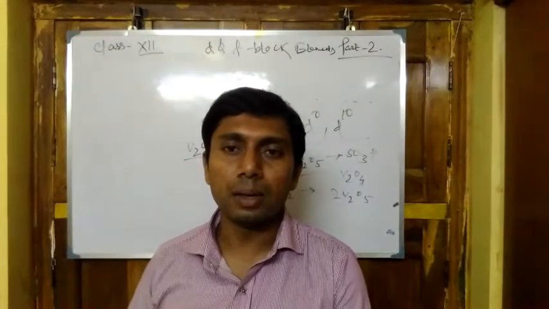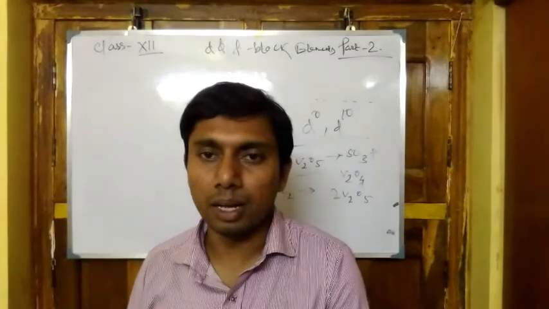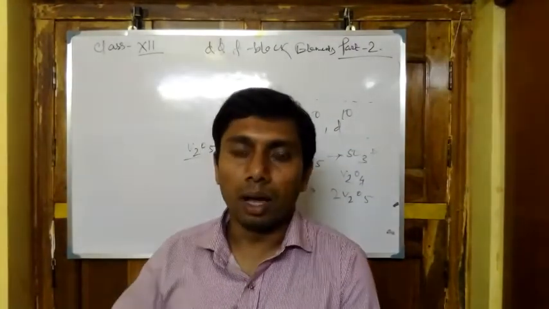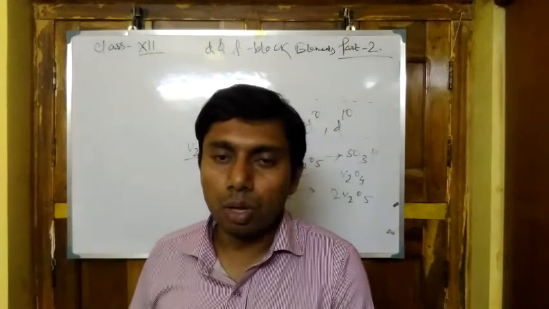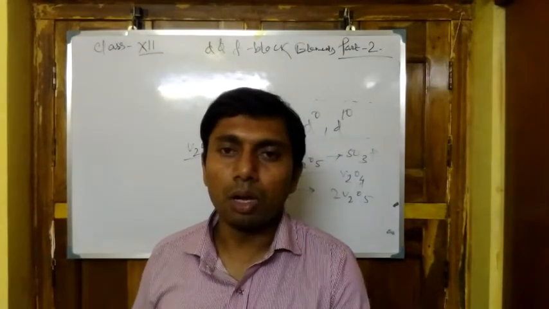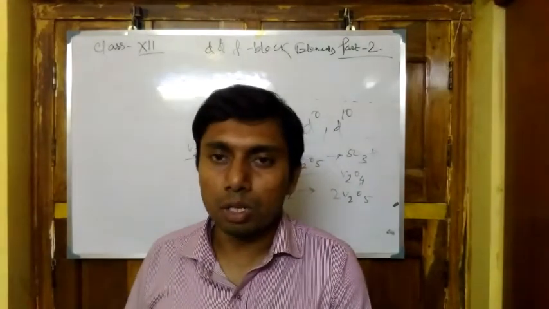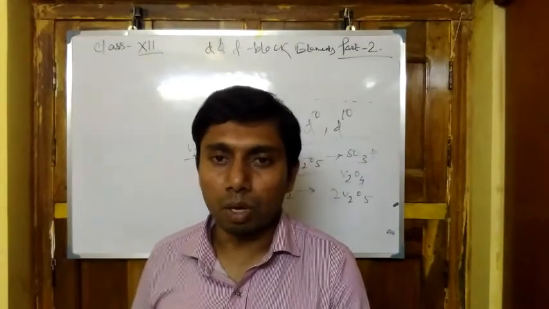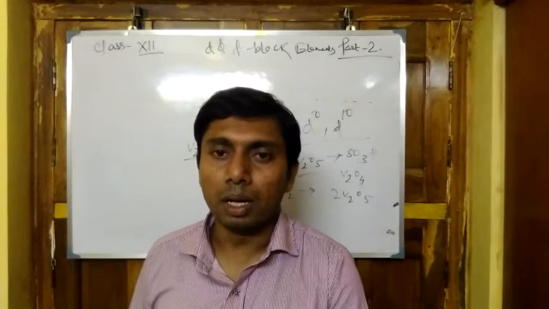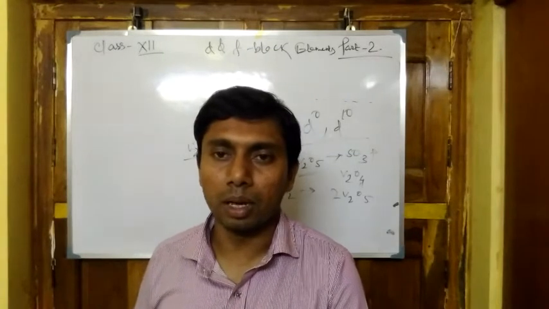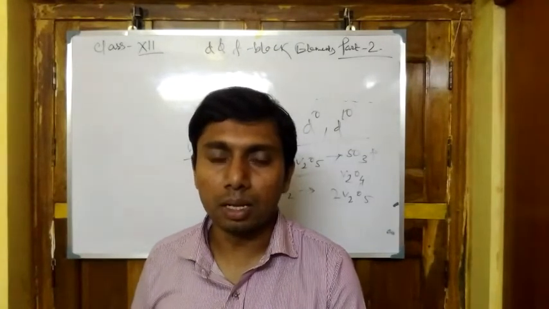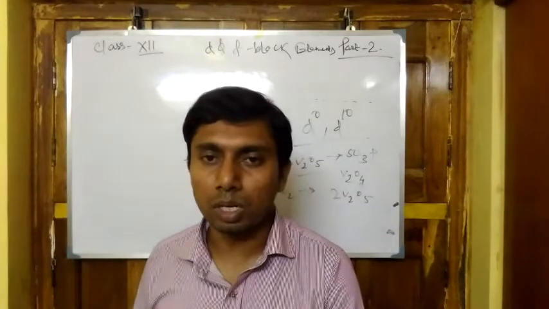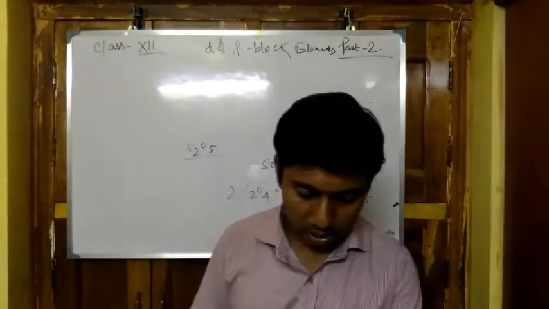Here there is a cavity in between the larger ligands. Within this cavity, a small atom or small ligand or small metal cation can be absorbed or adsorbed, or can make a bond with the ligand. This kind of compound is known as an interstitial compound.